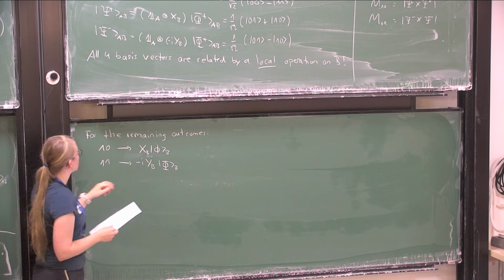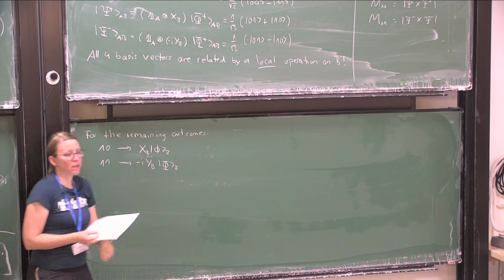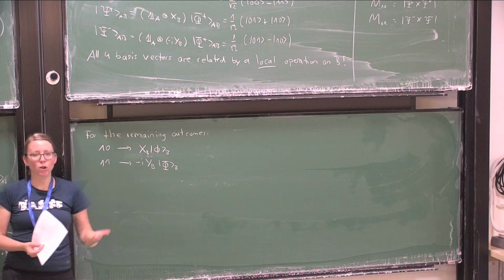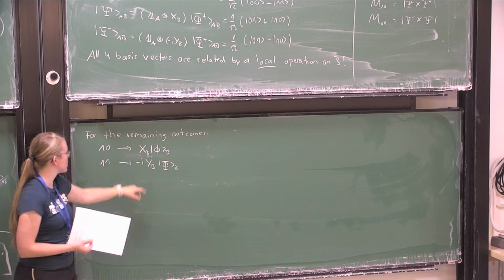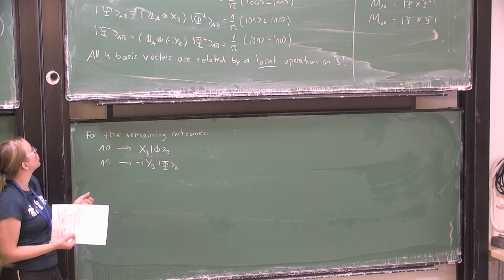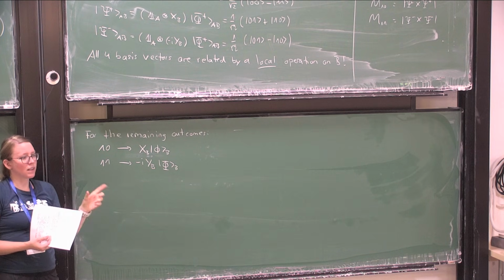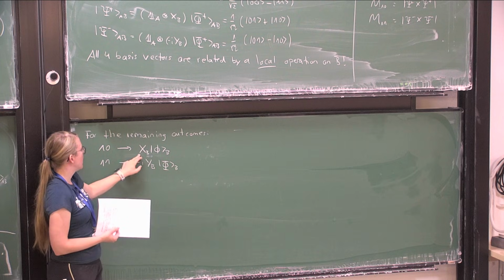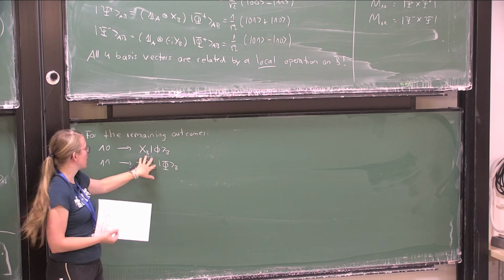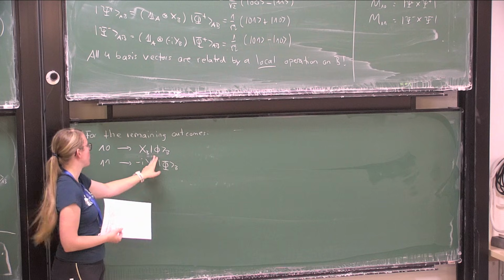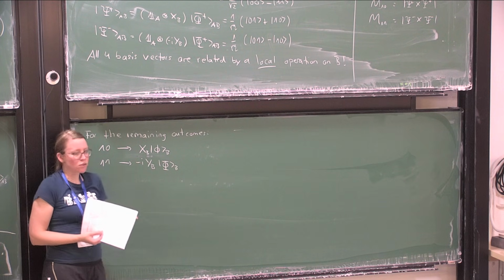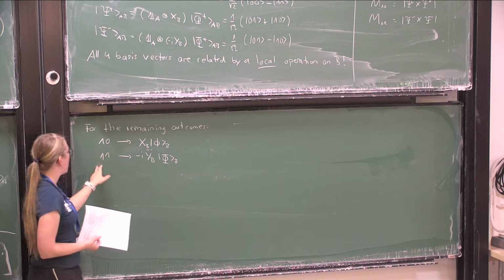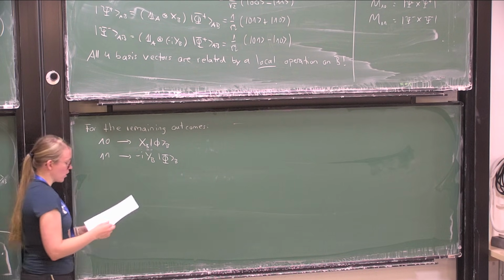But if Bob knows that his state is of this form, he can just apply an operator to it and reverse this, because we also saw that the operators square to the identity. So if Bob knows this is his state, he can just apply an X operator and get the original state back that Alice wanted to send. He only needs the information that his state is in this form, and this is exactly the outcome that Alice has, the 2 bits that Alice got as an outcome.